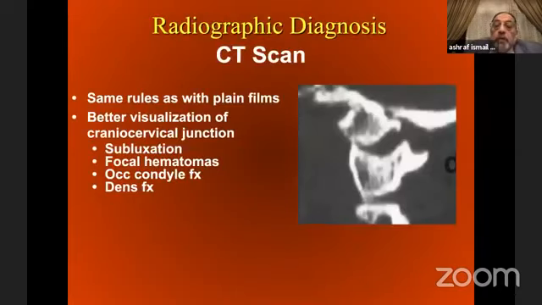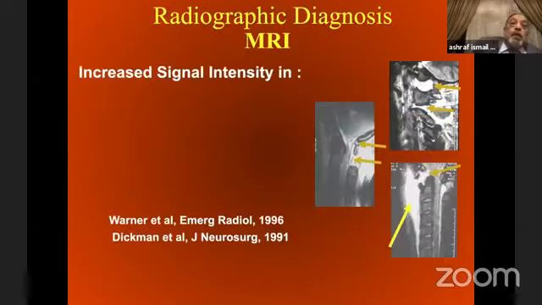Okay, but the test or the examination of choice is the CT and the MRI. The CT will show us the craniocervical junction, the occipital condyles and the lateral masses, showing any subluxation, any occipital condylar fractures, or any dens fractures.